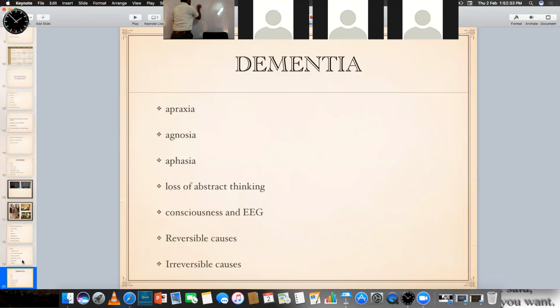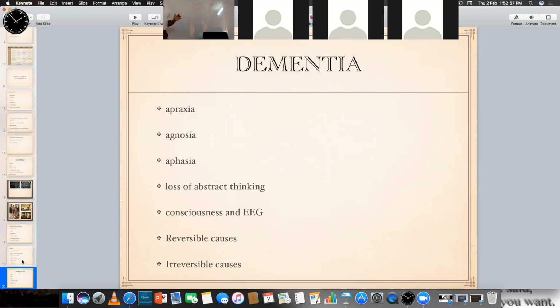Reversible and irreversible. The first, foremost, most important organic cause of dementia which is reversible is depression. So there's this patient and he has all the signs and symptoms of dementia.